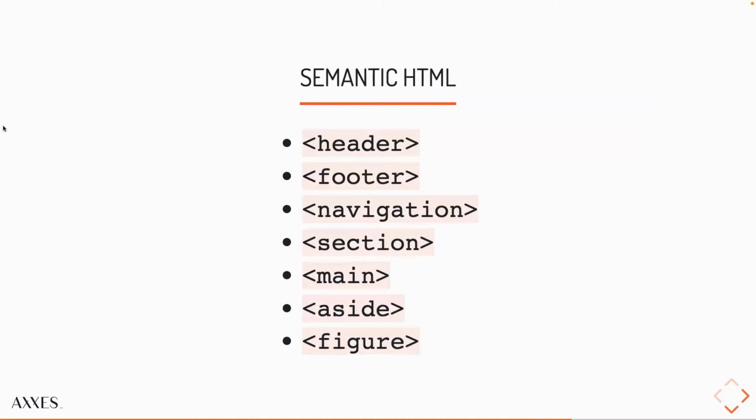Semantic HTML. Why is this important? These are also elements, but they don't do anything visually. This is more the markup. For screen readers, it's quite handy to know where they are.